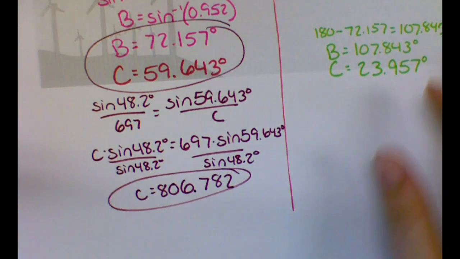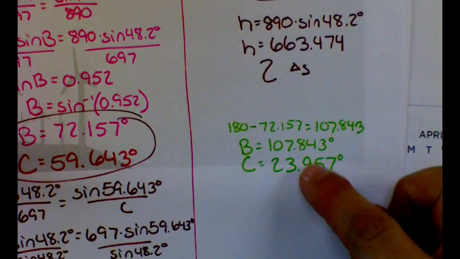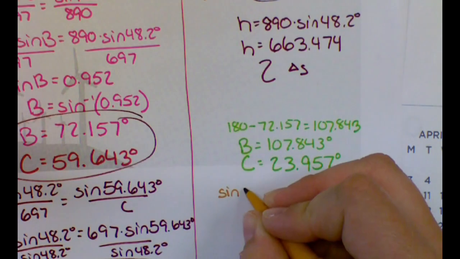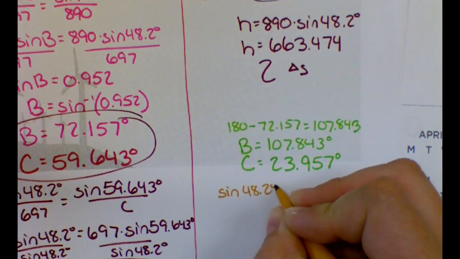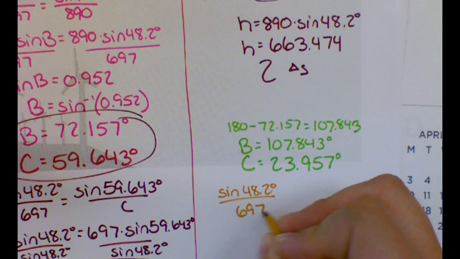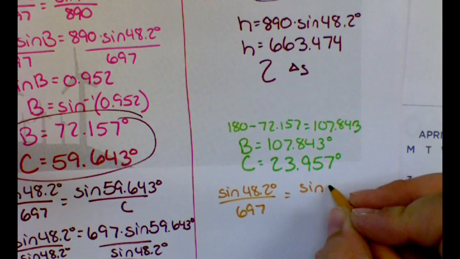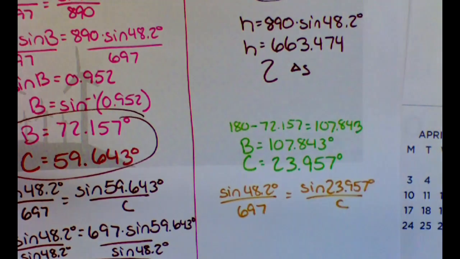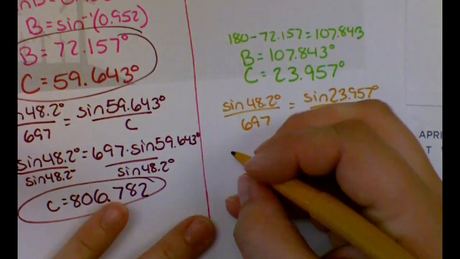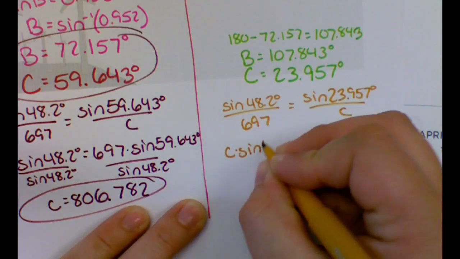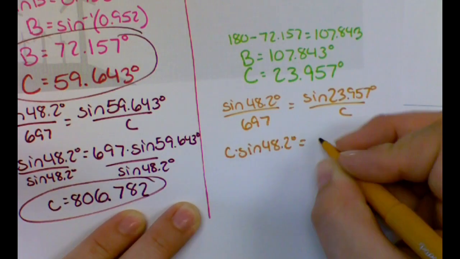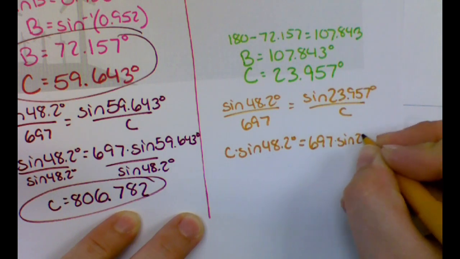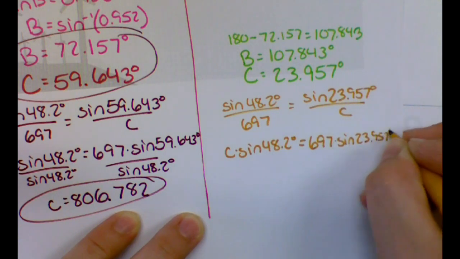Then I still have to solve the other triangle. Remember, I already got the two angles there. So I would just set up the sine of angle A over side A equals the sine of my new angle C over my new side C. Cross multiply and divide just the same. C times the sine of 48.2 equals 697 times the sine of 23.957.